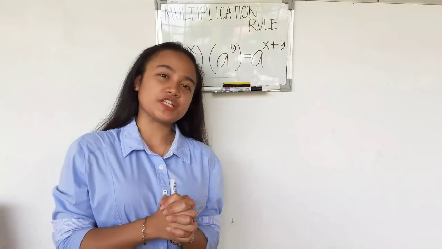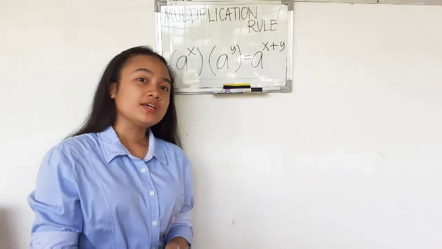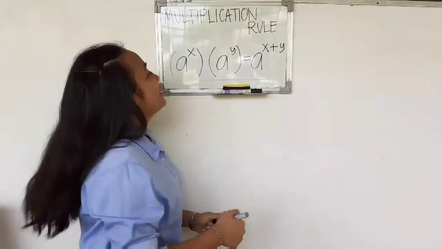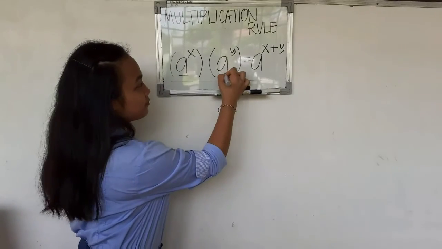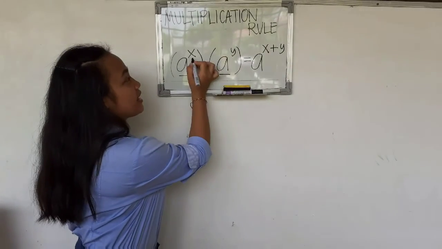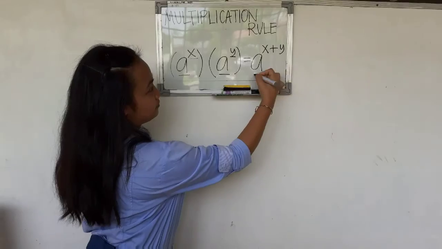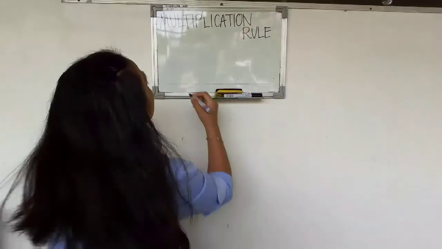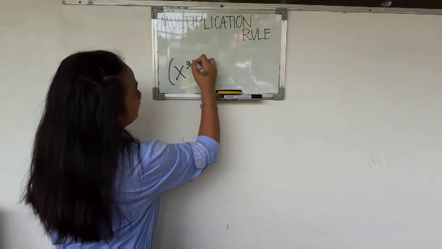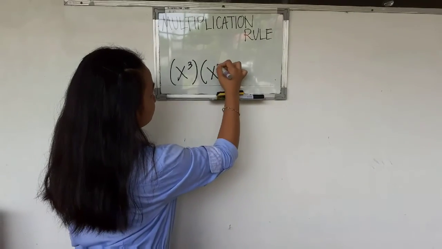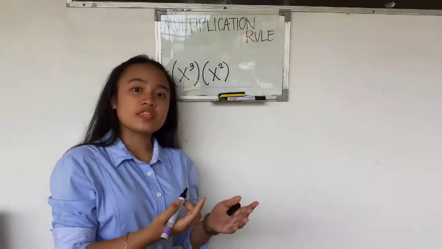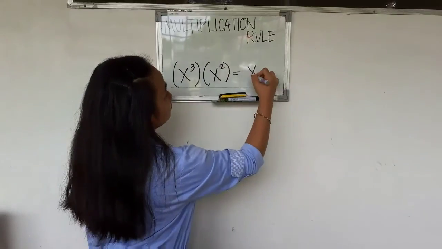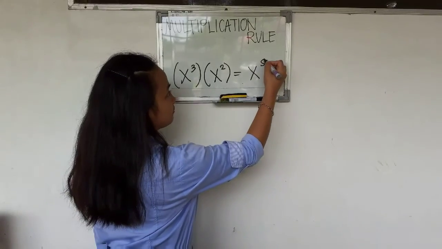The first rule of exponents is the multiplication rule, which states that if the bases are the same, then simply add the exponents. For example, x cubed times x squared will give you the answer of x raised to the power of 5.